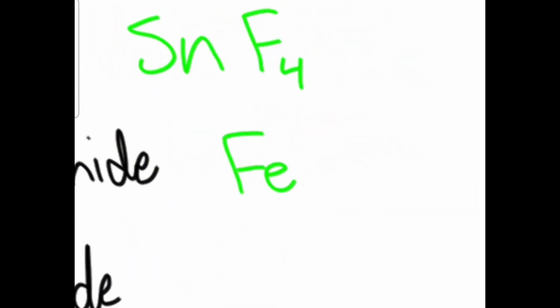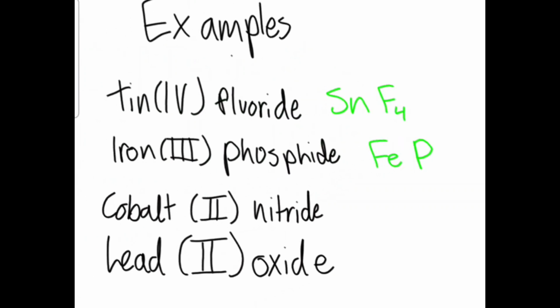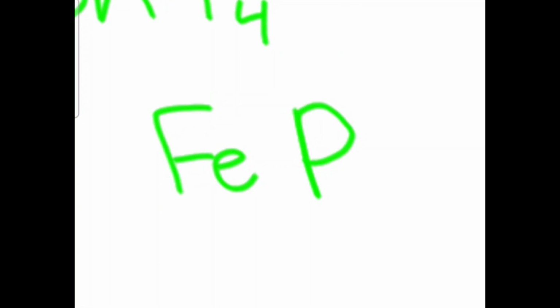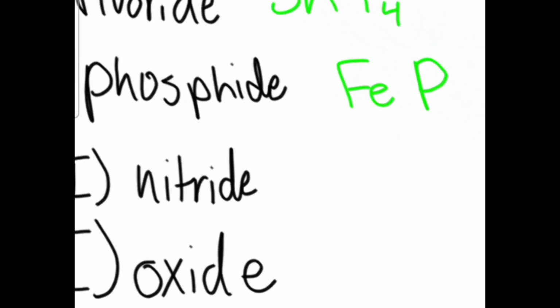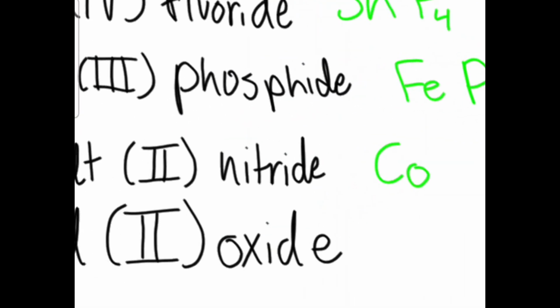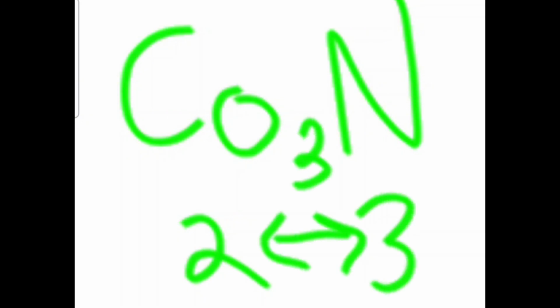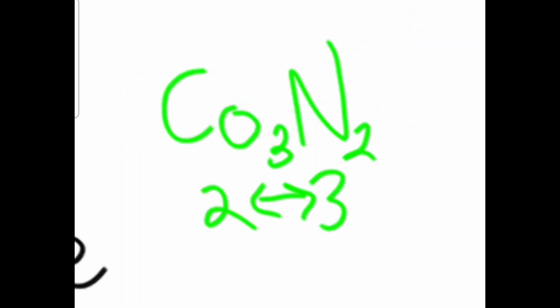Iron we know is Fe, and phosphide we know as P. Now we have a charge of 3 and a charge of 3, so it's all written out for you. Now we know cobalt is Co, and we know nitride is N. Cobalt has 2 and nitrogen has 3. So if you go 2 and 3, we're going to swap it, which is now 3 and 2. So that's going to be your final answer.